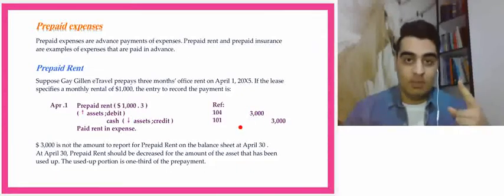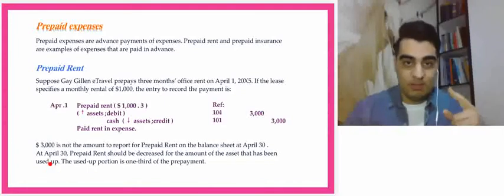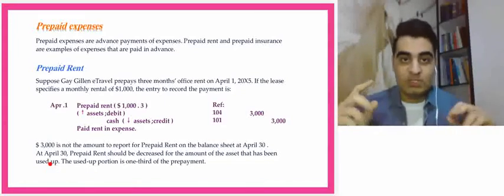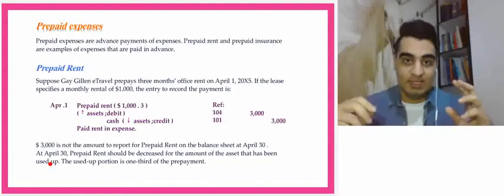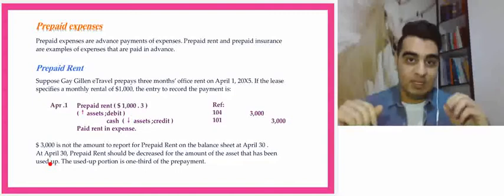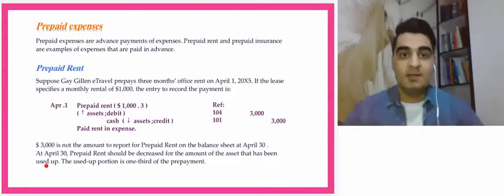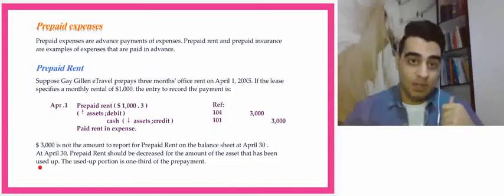So in order to do an adjusting entry, at April 30, prepaid rent should be decreased for the amount of the asset that has been used up. In other words, in this 1 month period, we used our asset and it became an expense. So our asset decreases and our expense increases by the amount of $1,000, because only 1 month passed.